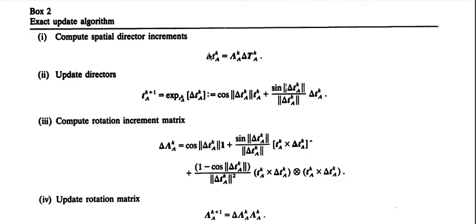Let us look at this in a little more detail in this box. We first solve for delta t, or rather delta capital T, and through the relation t is equal to lambda e, the director vector in the spatial configuration is related to this lambda orthogonal matrix.